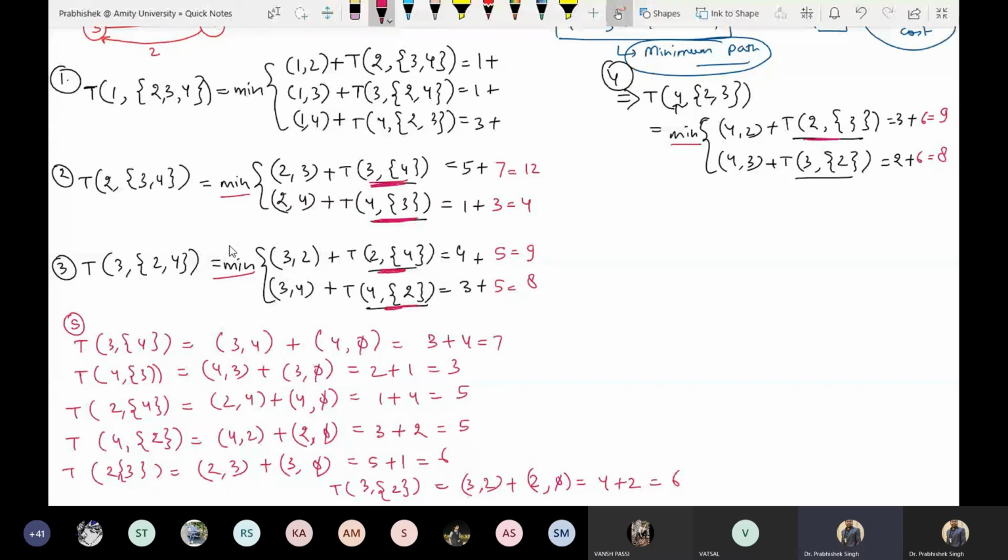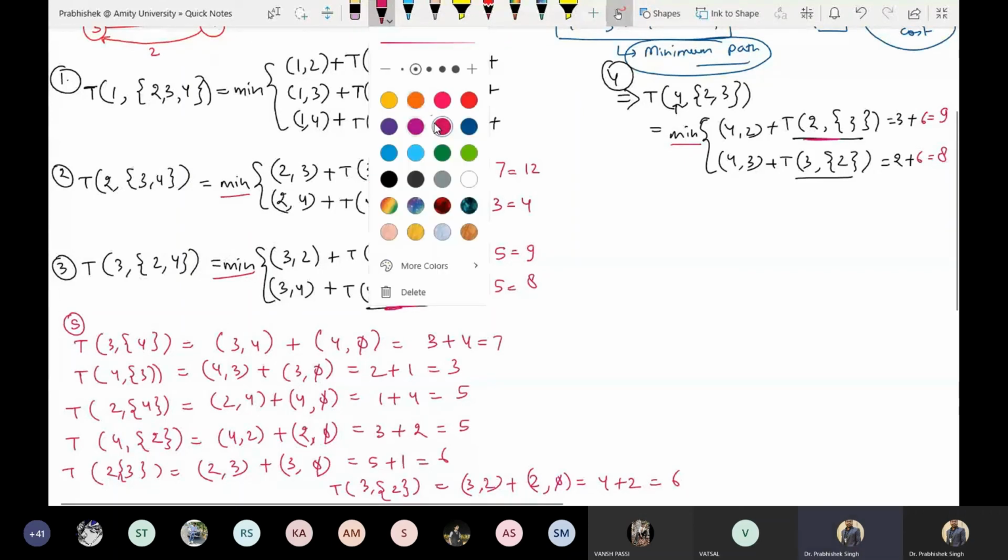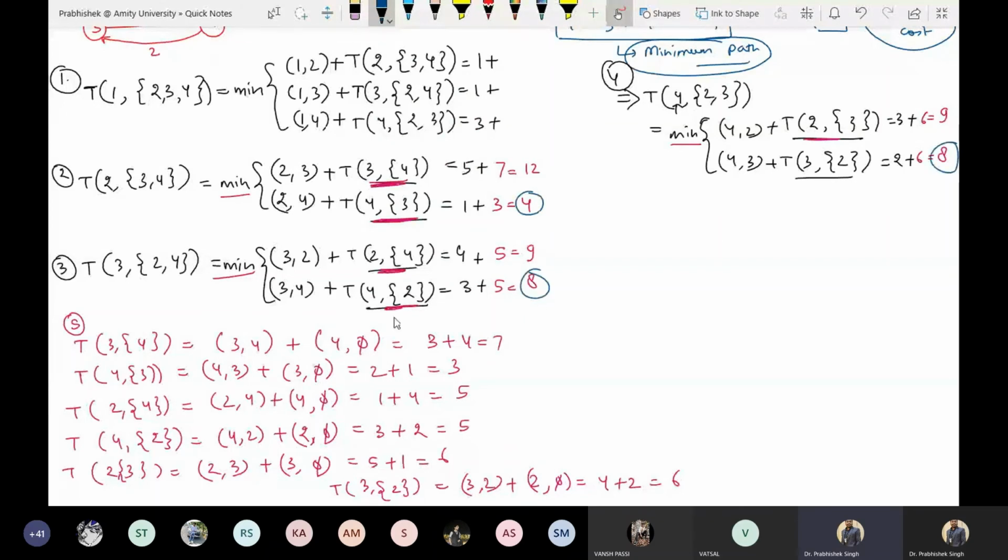So what value are we going to select here? Let me change the color. So we will take this. This is minimum. This is minimum. This is minimum. Okay. So if you remember this, T of 2, 3, what is the value? It is 4. What is 3 to 4? This is 8.